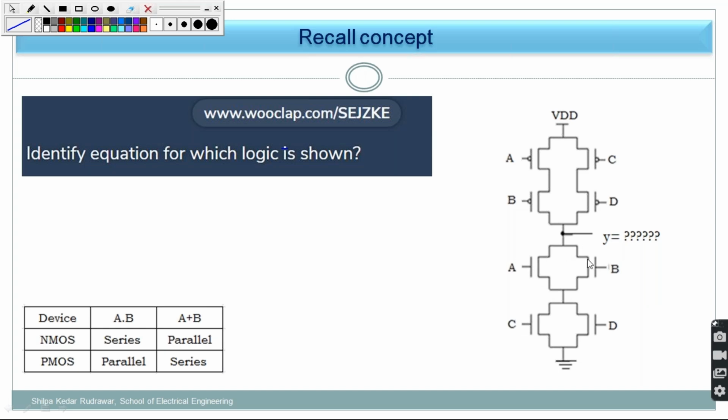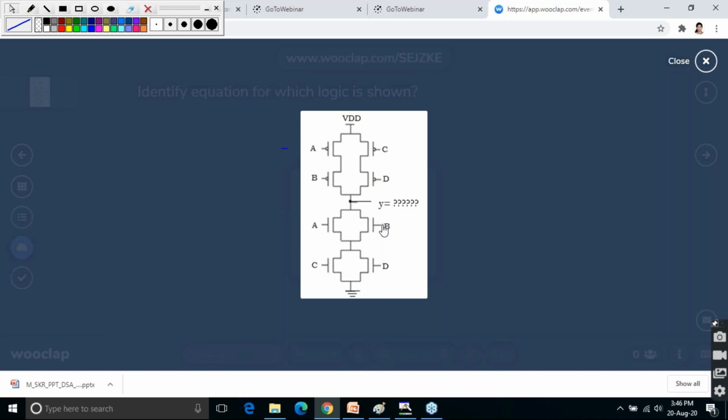See, these NMOS are in parallel. A parallel combination is coming in series with another parallel combination. So just try to write down which type of logic the circuit is. A, B parallel. What is meant by A, B parallel? NMOS in parallel is for which type of combination? A plus B.